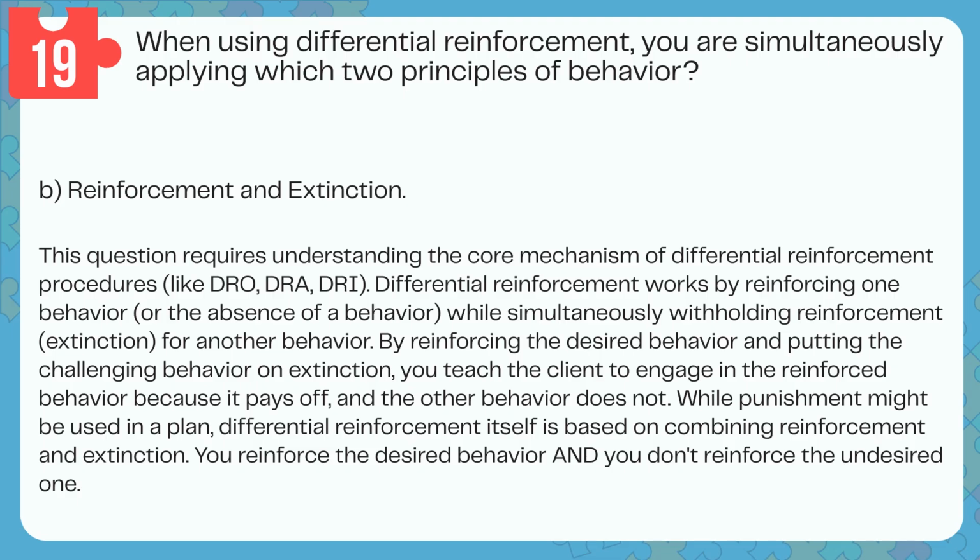You teach the client to engage in the reinforced behavior because it pays off, and the other behavior does not. While punishment might be used in a plan, differential reinforcement itself is based on combining reinforcement and extinction. You reinforce the desired behavior, and you don't reinforce the undesired one.